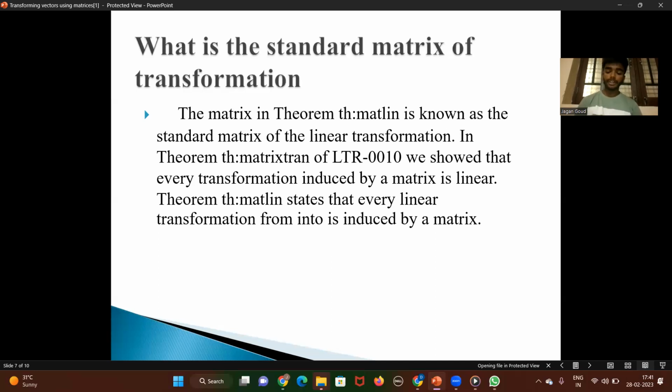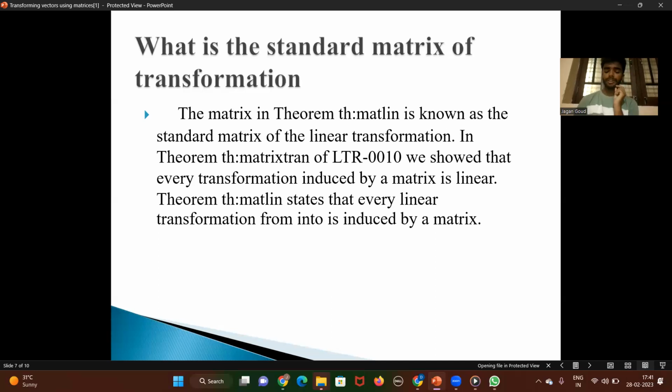We will demonstrate that the destination of the standard unit vectors under a linear transformation T determines the images of all vectors of Rn under T. We first illustrate this idea with an example. In general, every vector x of Rn can be written as a unique linear combination of the standard unit vectors E1 to En.